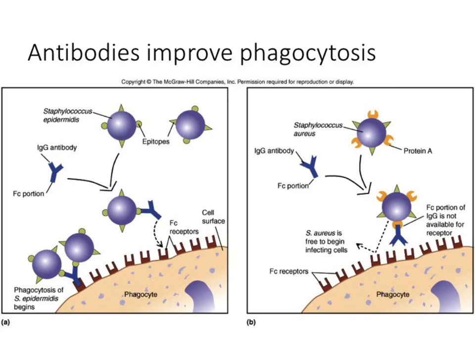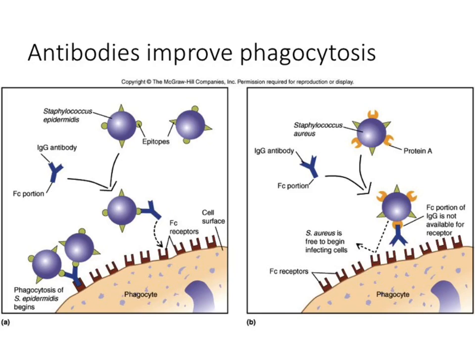Some bacteria and some viruses have ways to get around this mechanism. We've talked about how some viruses will repress, for example, the expression of MHC1 and MHC2. We might also find repression of the expression of these Fc receptors on the cell surface. Here's another example, though.